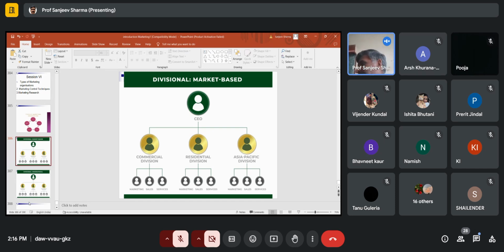But what is the disadvantage? Look at this. This person, the marketing manager, also reports to product. What is it? Is reporting to two people at the same time. So there may be conflict of interest.